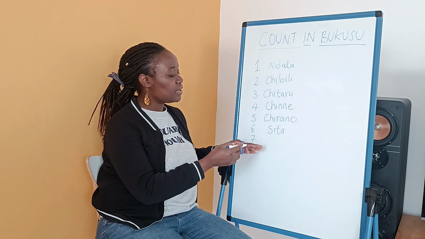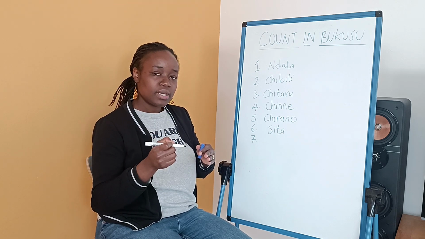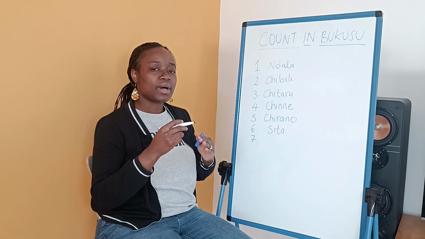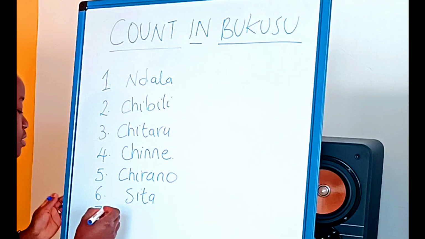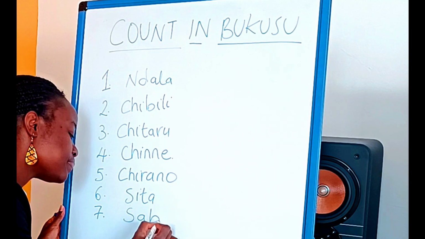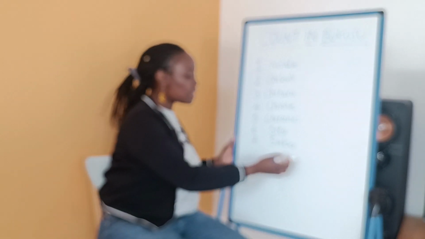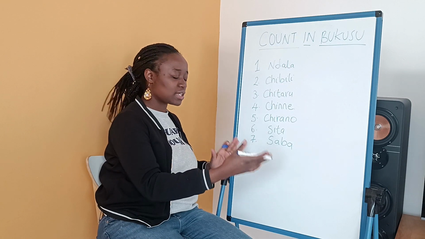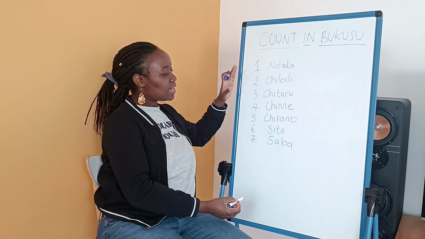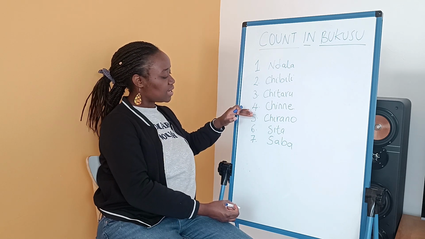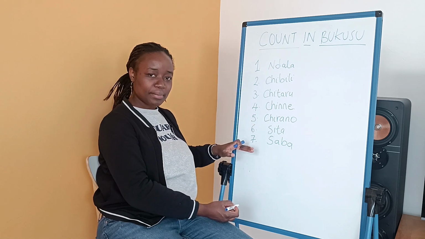The moment you pronounce the B in Bukusu, you kind of make it va. So, ndala, chibili, chitaru, chine, chirano, sita, saba.